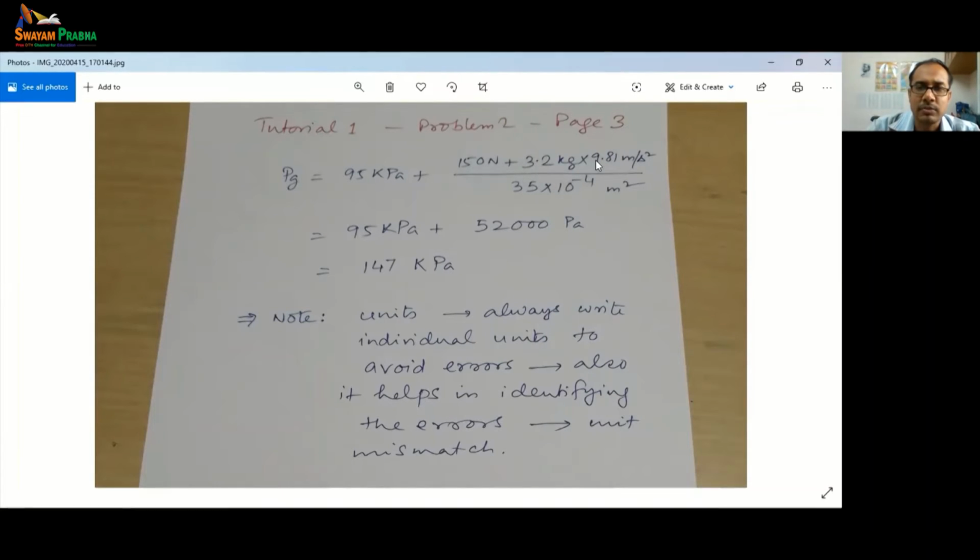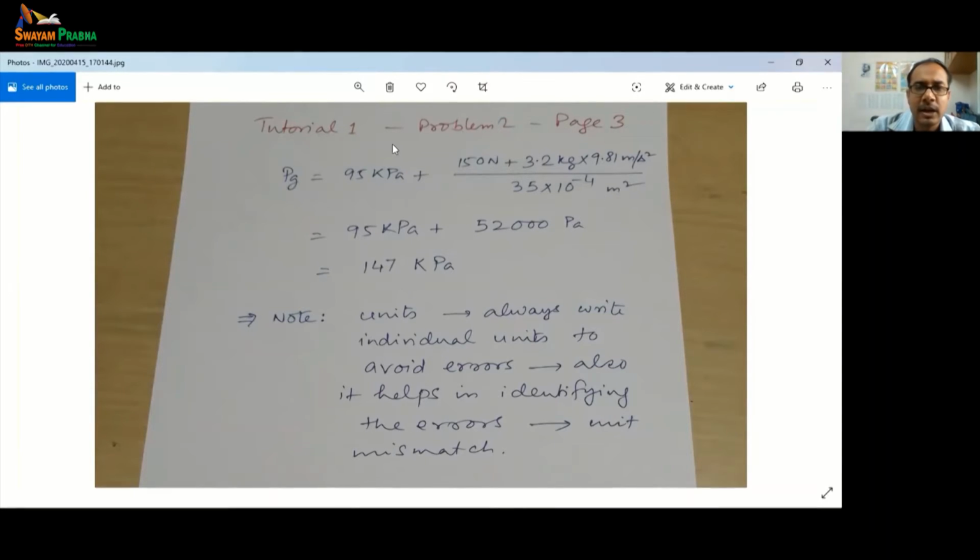So this is the total force divided by the area. Here you note that to be consistent in the unit system, we have converted the centimeter squared to meter squared by multiplying it with 10 to the power minus 4. So 35 centimeter square is 35 into 10 to the power minus 4 meter square.